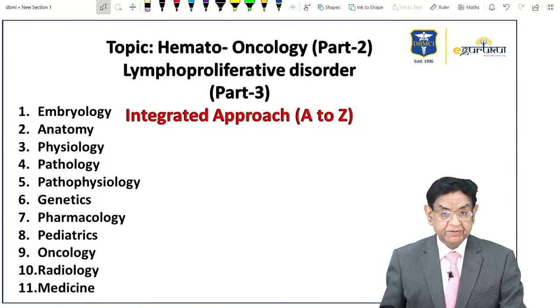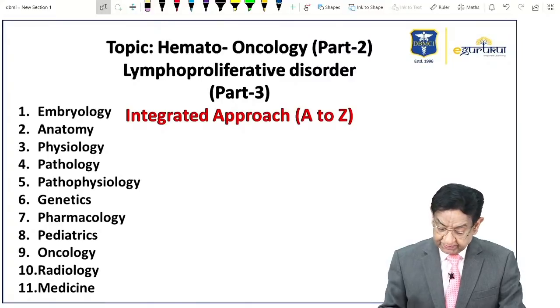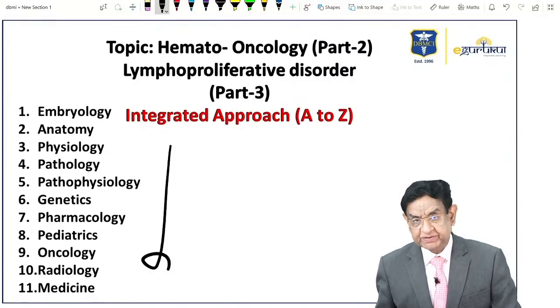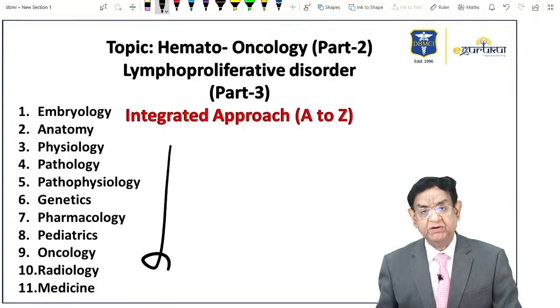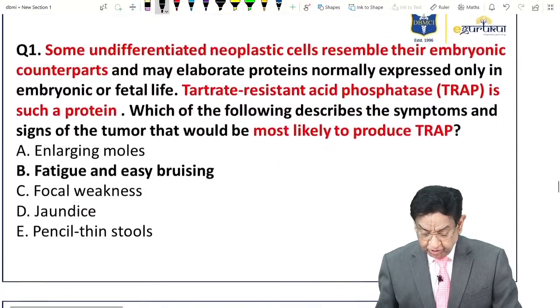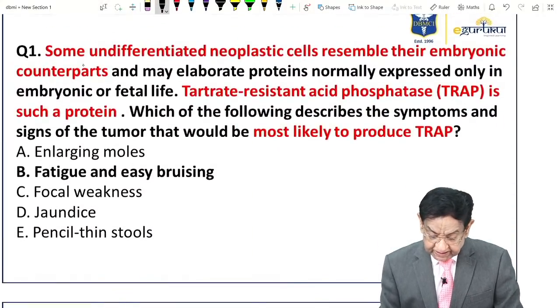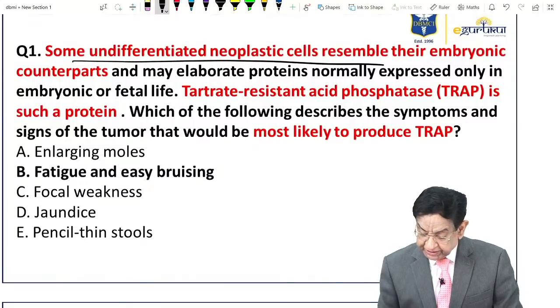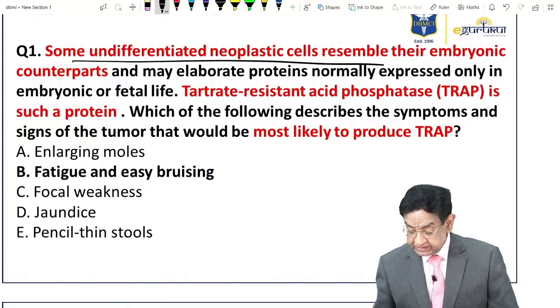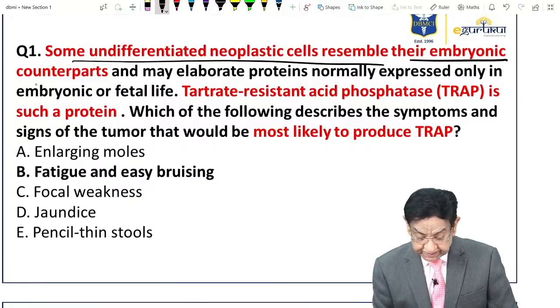Lymphoproliferative disorder part 3. Again, I'll be using all these subspecialties which are relevant to my talk in this section now. We got question 1: some undifferentiated neoplastic cells. They resemble their embryonic counterpart.